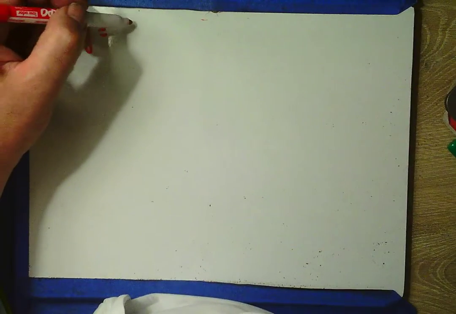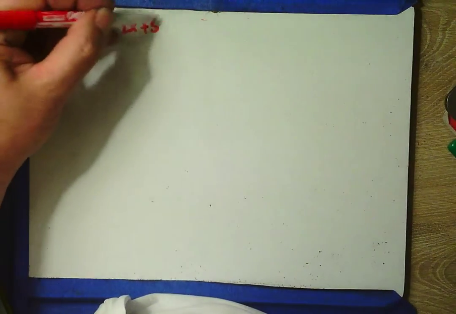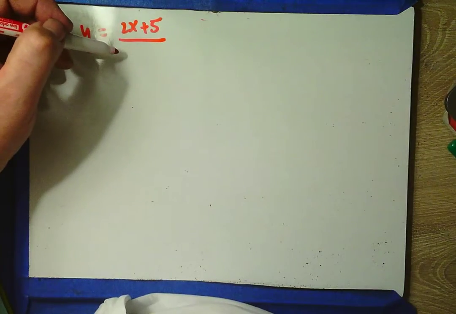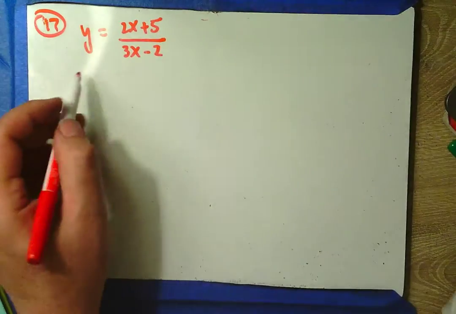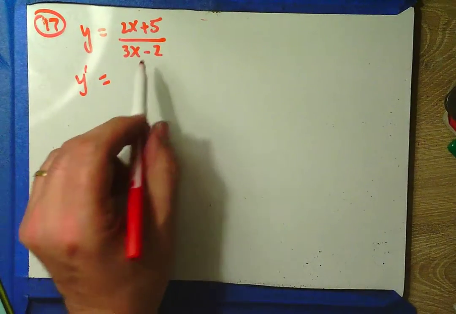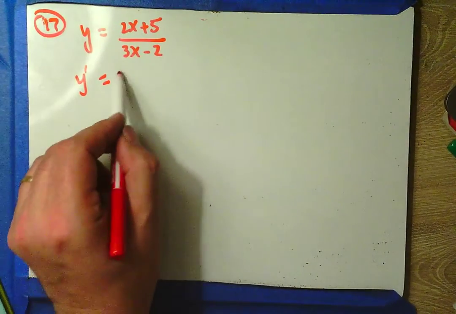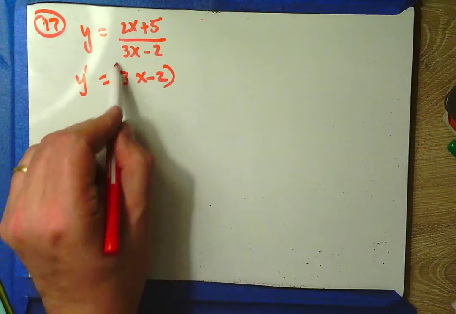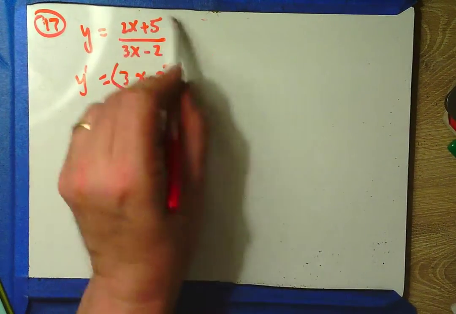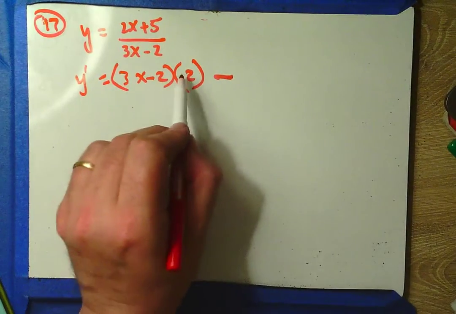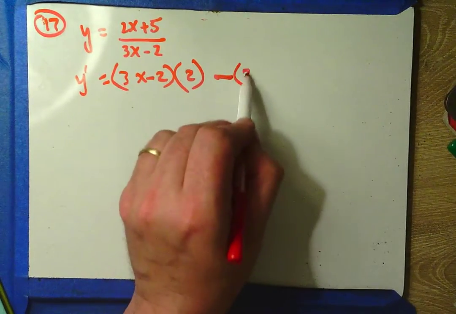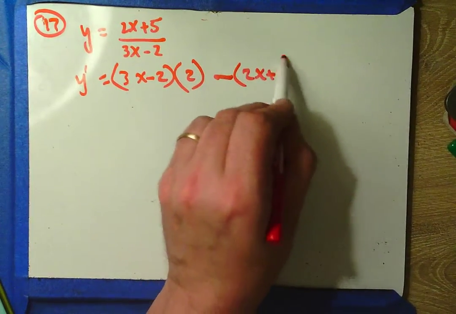17 is a quotient rule problem. Y equals 2x plus 5 over 3x minus 2. Remember, y prime is low d high, 3x minus 2 times the derivative of the stuff on top, minus high d low.